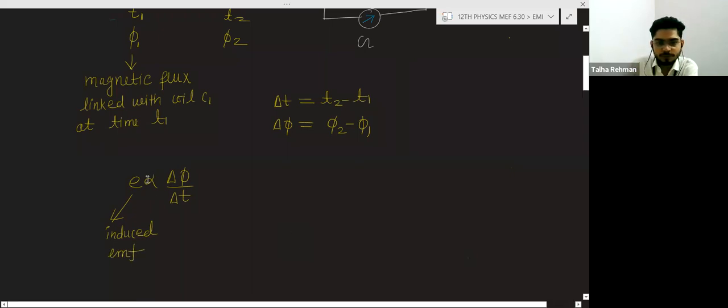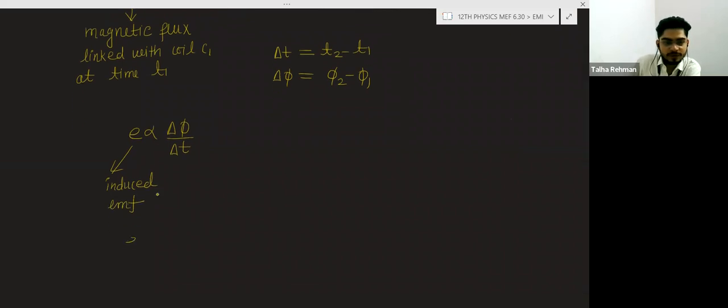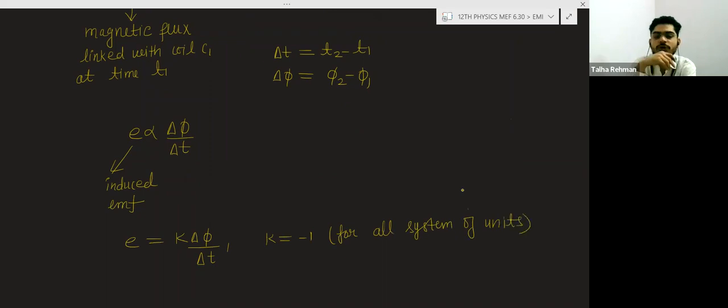And when you will remove this proportionality sign, you will get K delta phi by delta t. This K is equal to -1 for all system of units.